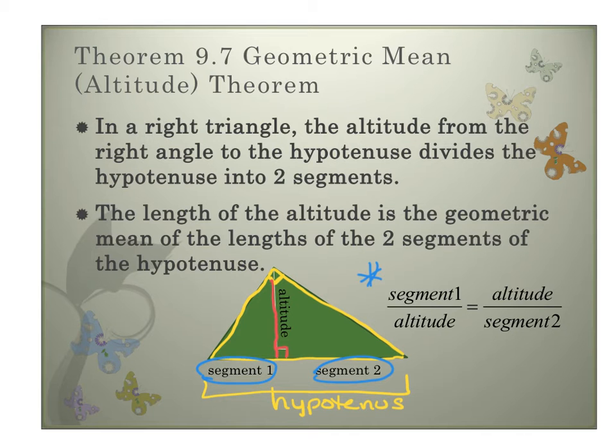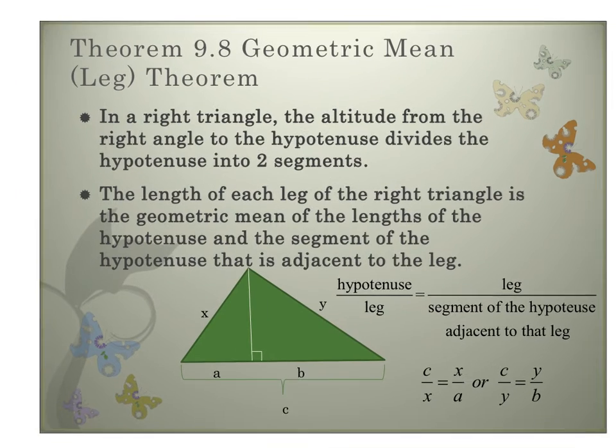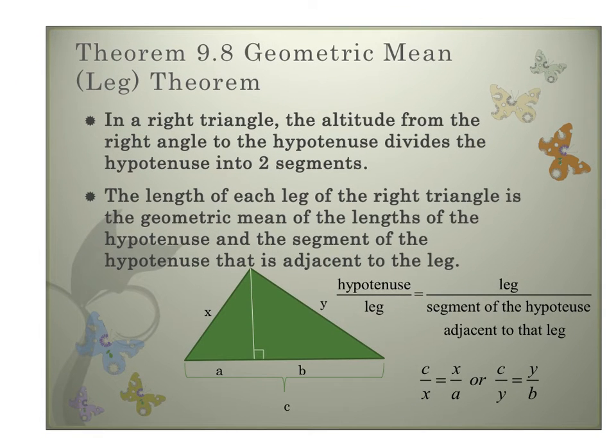All right, so let's see the geometric mean leg theorem. Again, we've got our original right triangle. In a right triangle, the altitude from the right angle divides the hypotenuse into two segments, which we already saw previously. So A is segment 1, B could be segment 2.